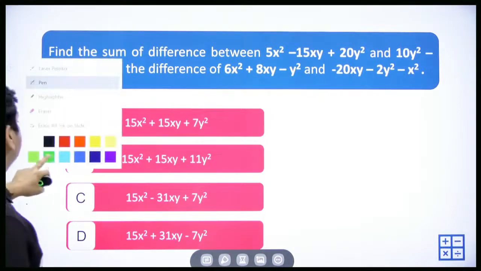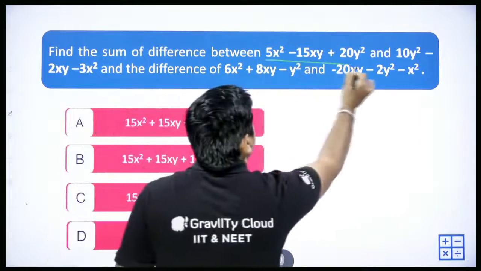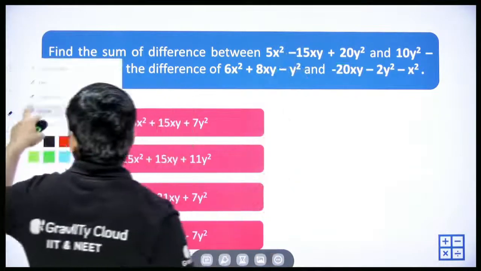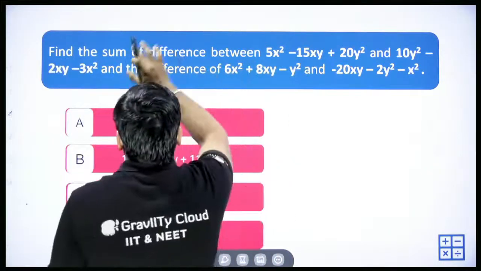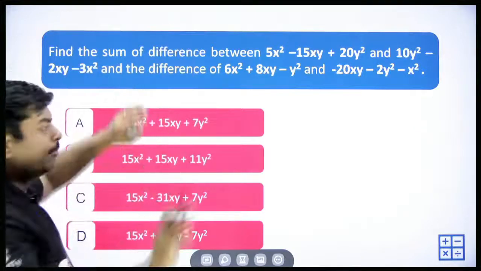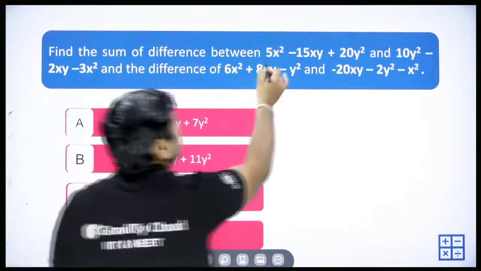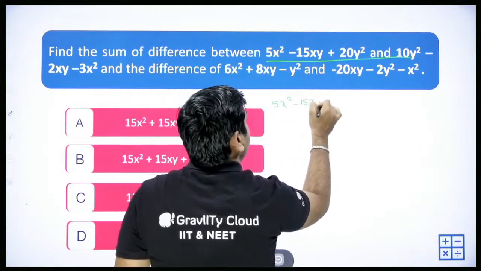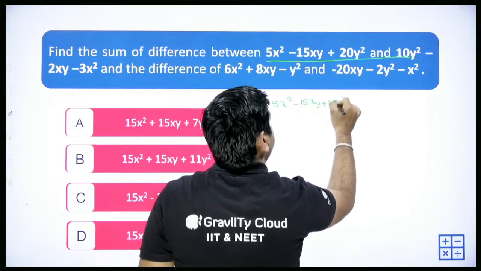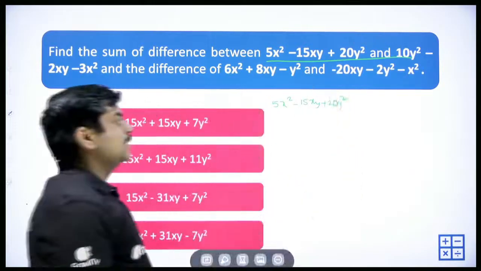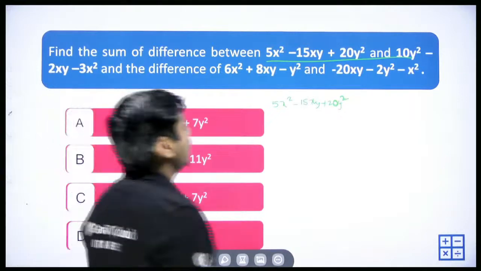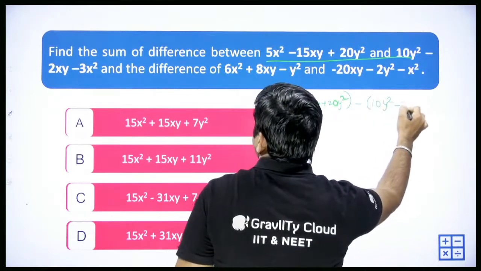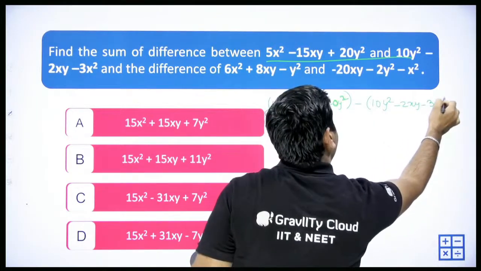5x square minus 15xy. Let me erase that once. So we need to find the sum of the difference between these two: 5x square minus 15xy plus 20y square, and subtract from it 10y square minus 2xy minus 3x square.